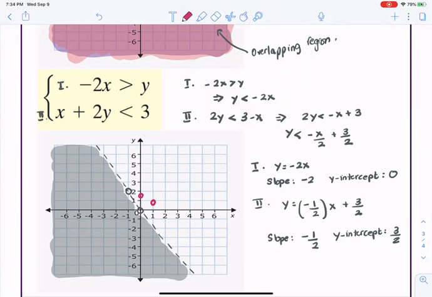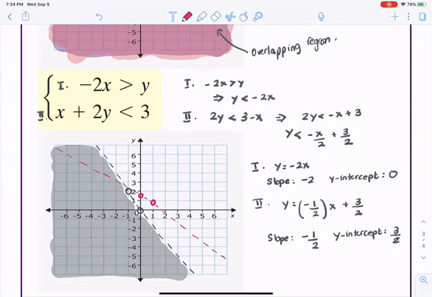And this is a dotted line, and it is a decreasing line as well. And that's what we have.